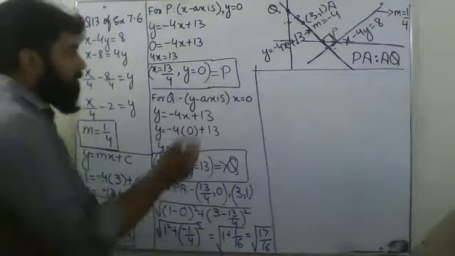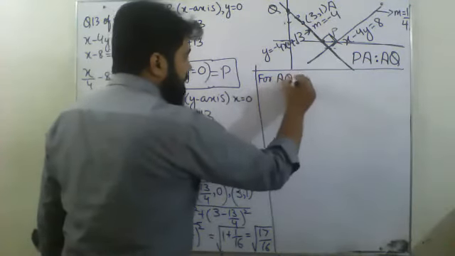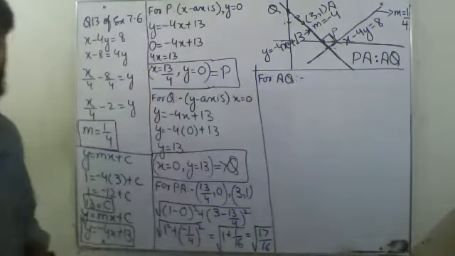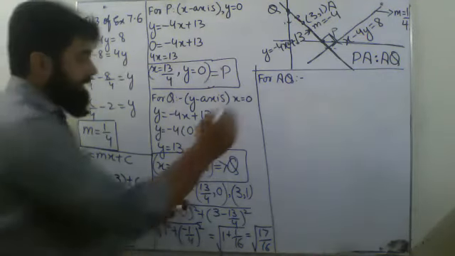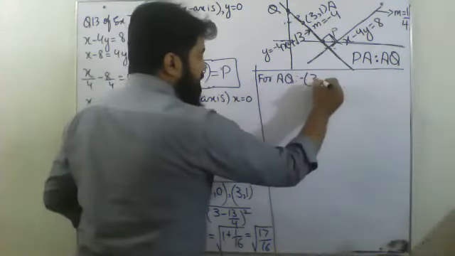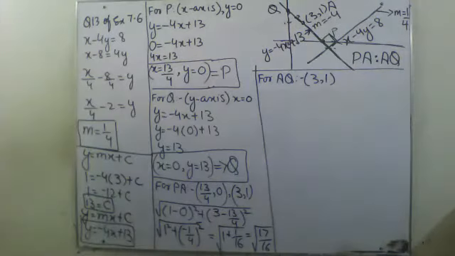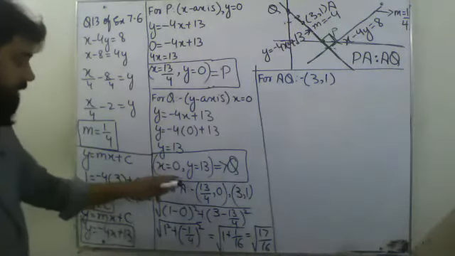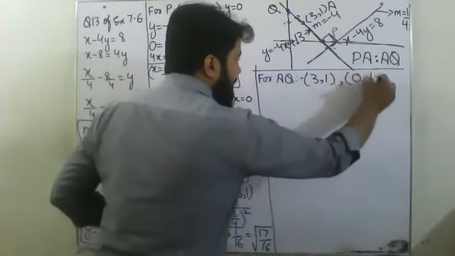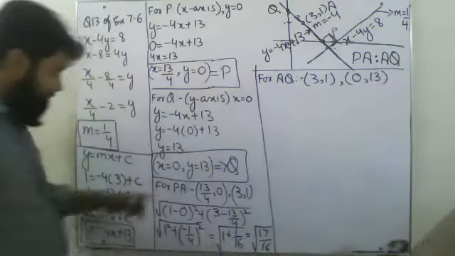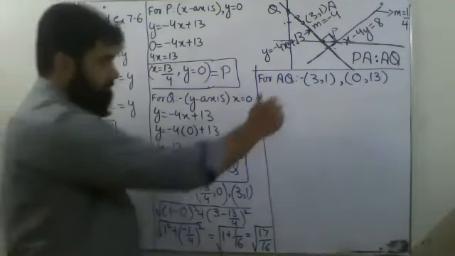Okay. Next thing. I have got PA, now I will go for AQ. For AQ, again, A coordinates were 3 comma 1. And what were my Q coordinates? My Q coordinates were 0 comma 13.